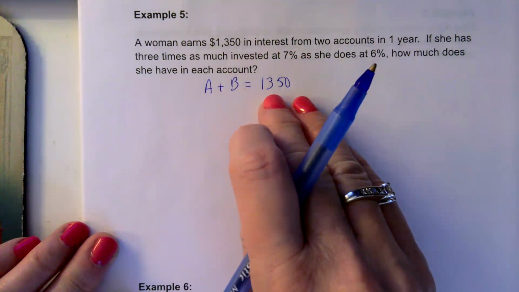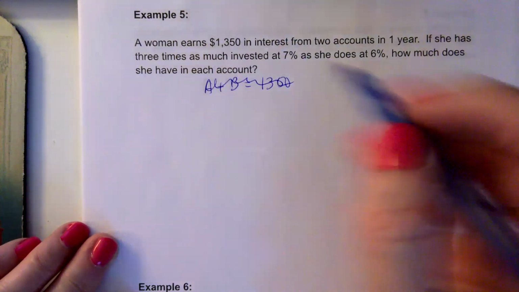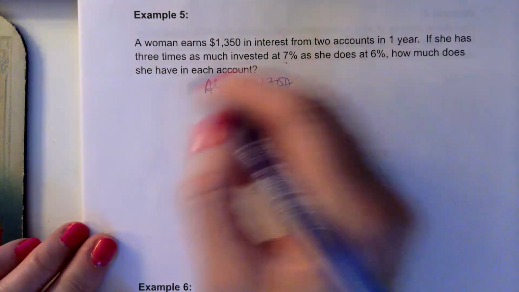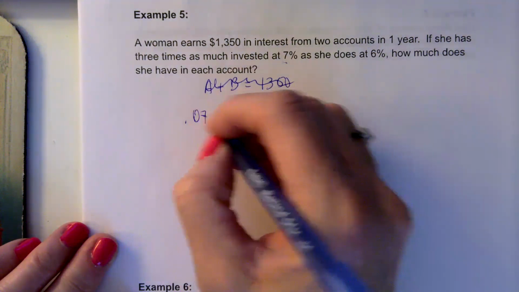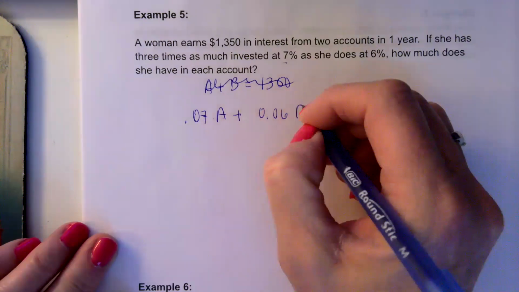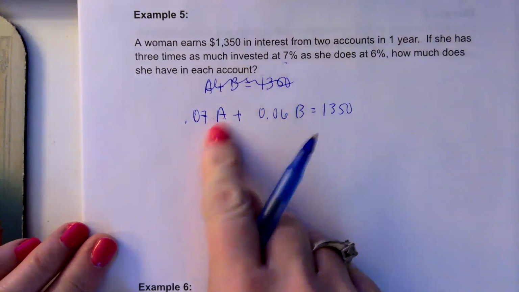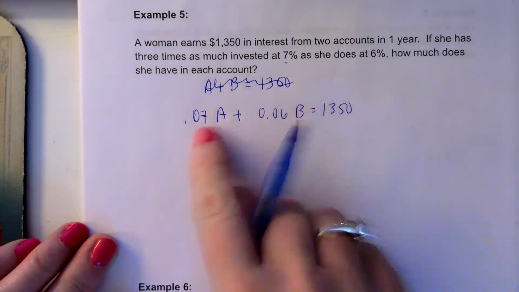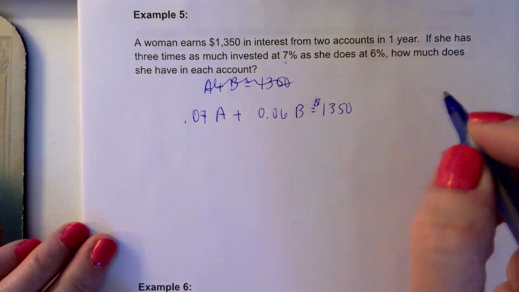Okay, she has interest. So she has 7% of A, we'll say, because that's the percent of A that she earned interest, plus 6% of B. And so that percentage, which is the interest on A, and that percentage, which is the interest on B, together earned her this much in interest, $1,350.